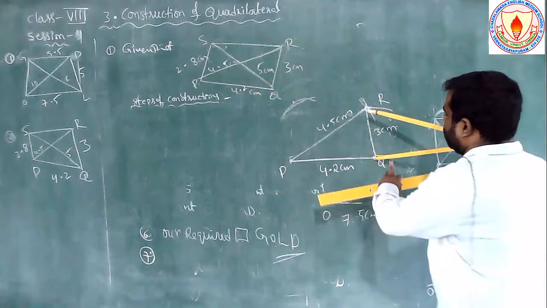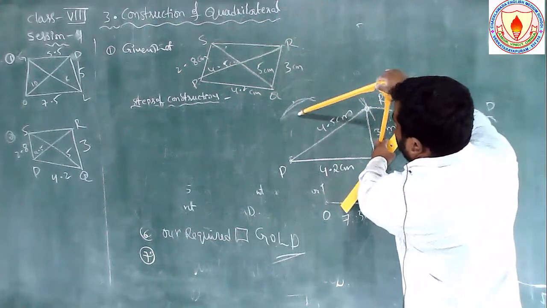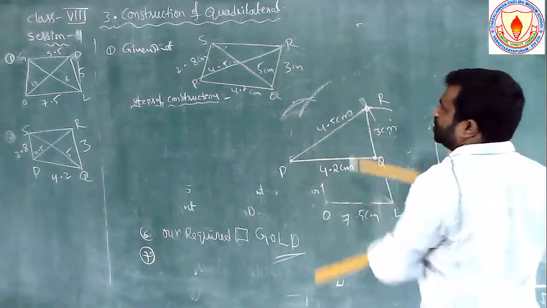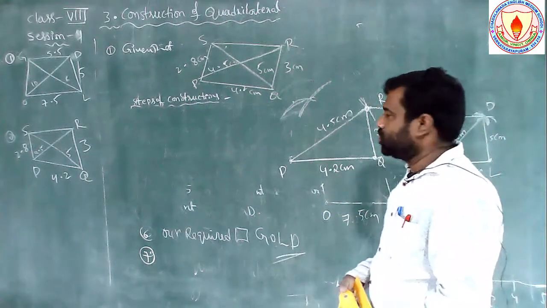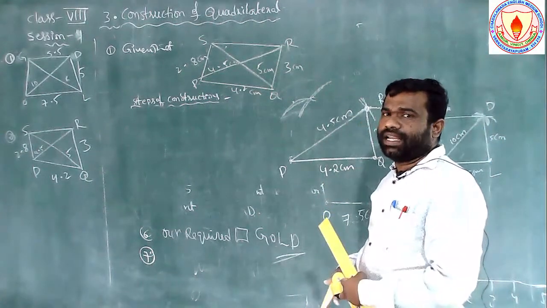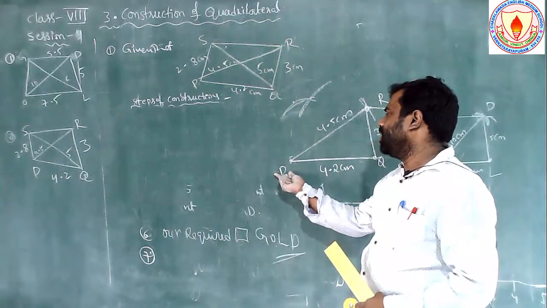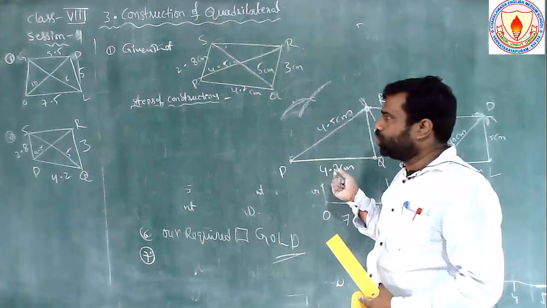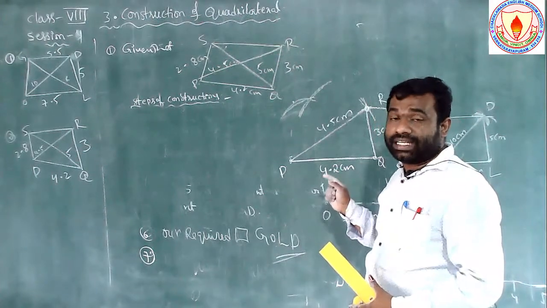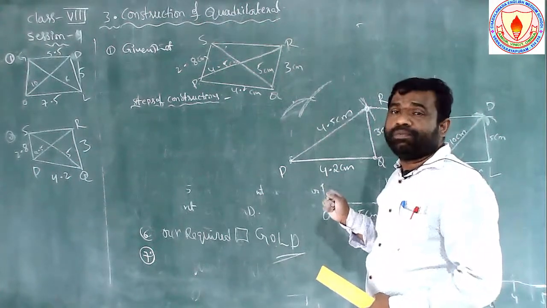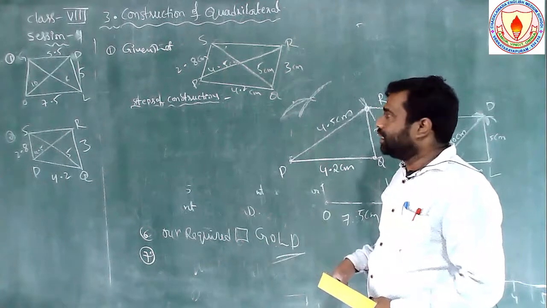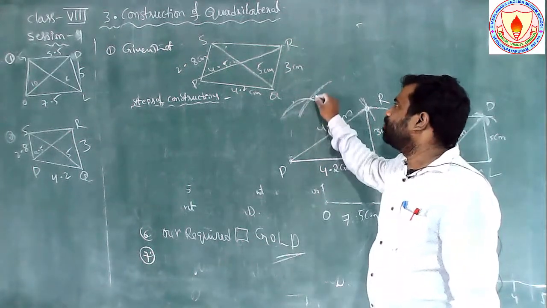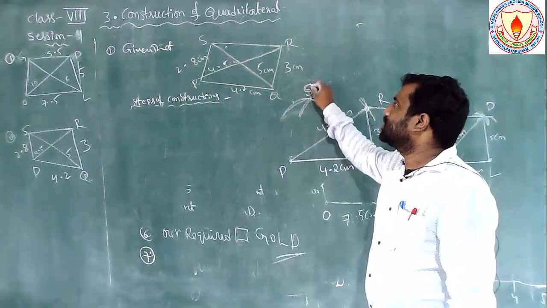From Q, take 0 to 5 and draw an arc. So that is the fourth step. What do we have to write? From P and from Q, we draw arcs with 2.8 centimeters and 5 centimeters. That intersecting point is named S.